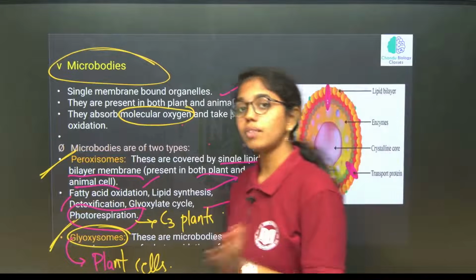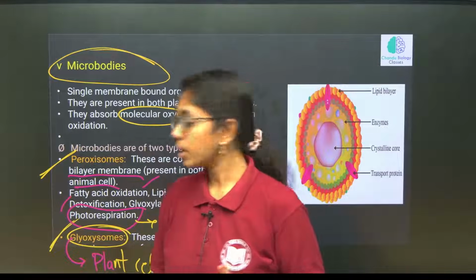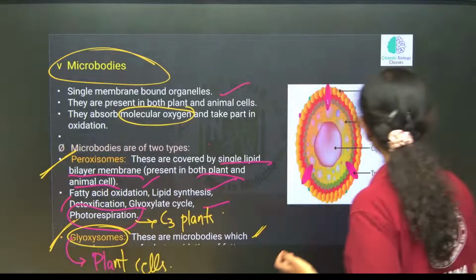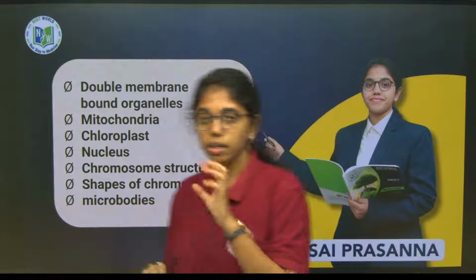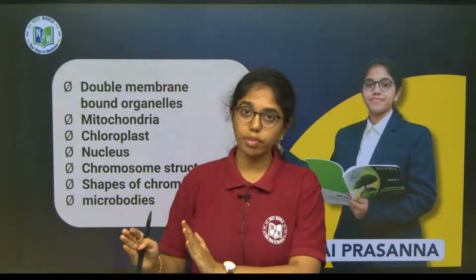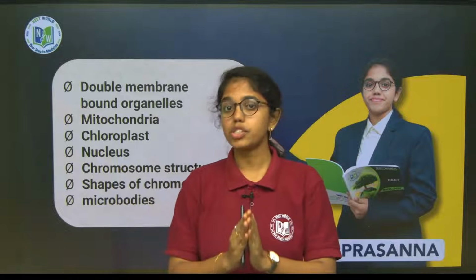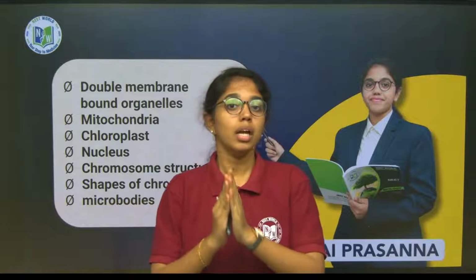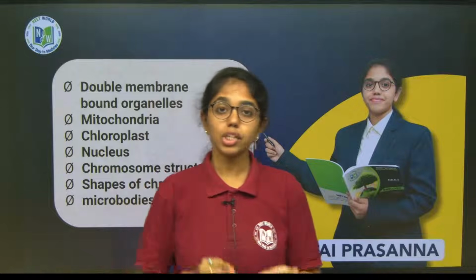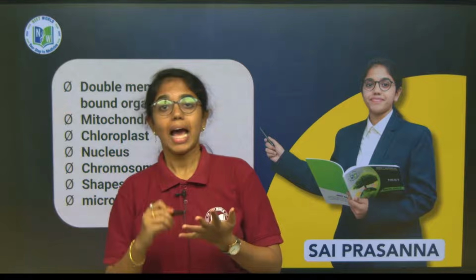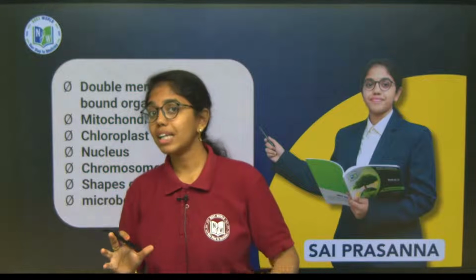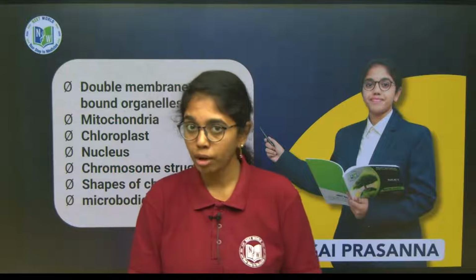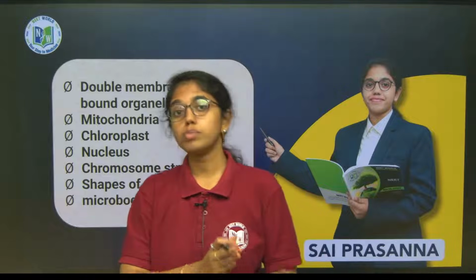So, what all have we learnt from the cell chapter? We have learnt the complete cell structure till today, and we are going to start the next chapter tomorrow. We initially learnt about the prokaryotic cell and eukaryotic cell, both plant cell and animal cell, where we clearly elucidated the non-membrane bound organelles like ribosomes and centrioles.